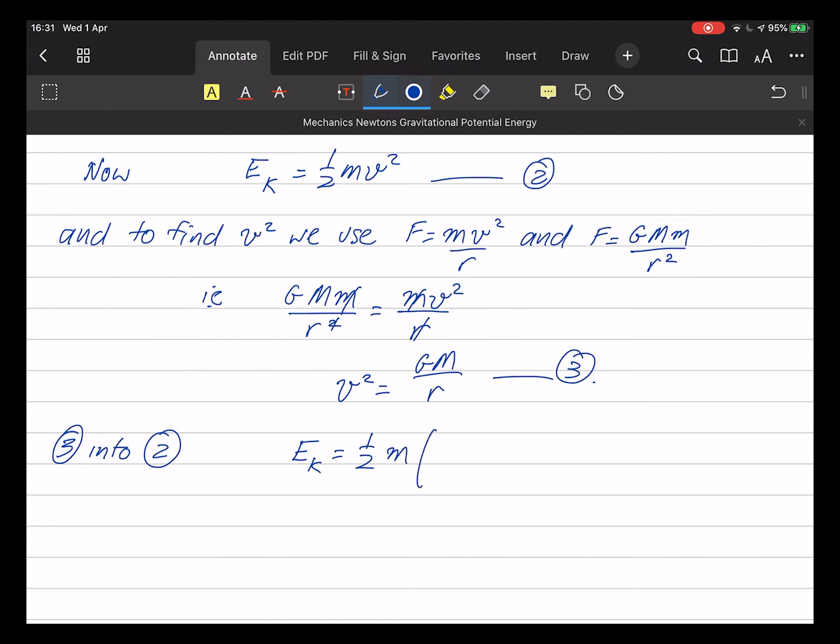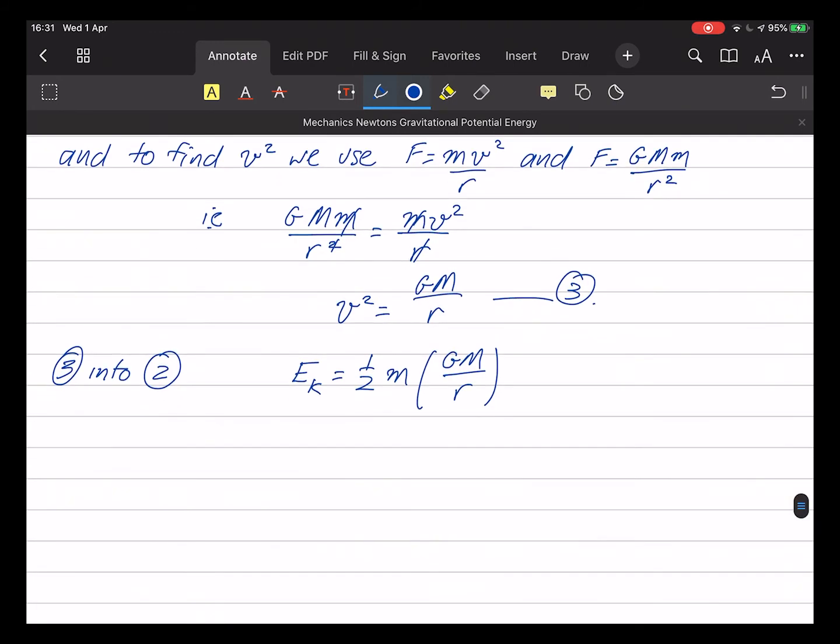Here's my expression for v squared, GM on r. And not much to do there except to just tidy it a little bit. Big G, big M, little m on 2r.